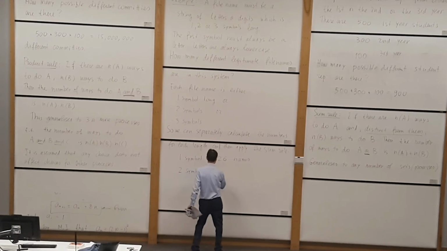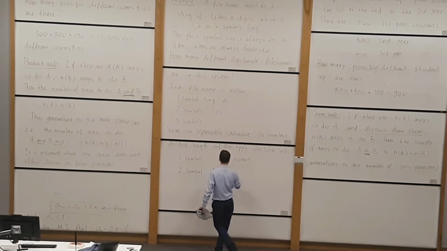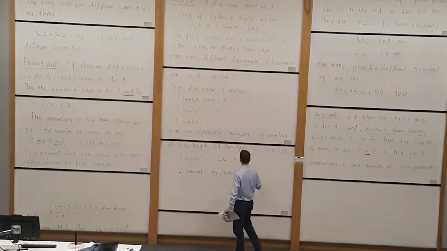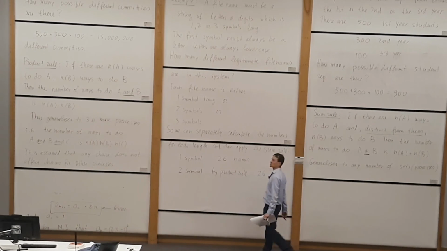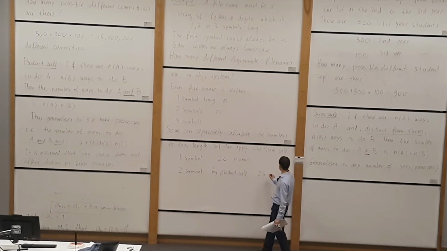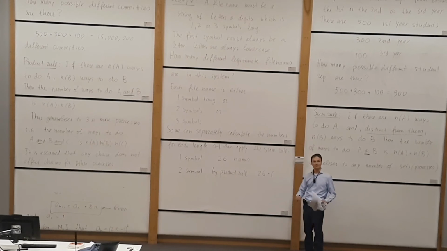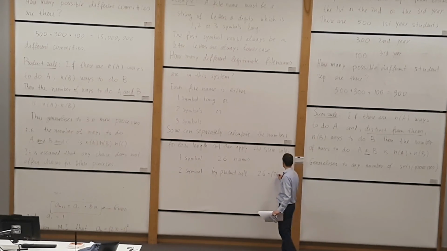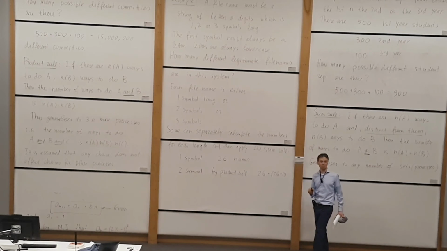So by product rule, I have 26 choices for the first symbol, and how many choices do I have for the second symbol? It's the sum rule, because it can be either a letter or a digit. There are 26 letters and 10 digits, right? 0 is always considered to be a digit, so digits are 0, 1 through 9.